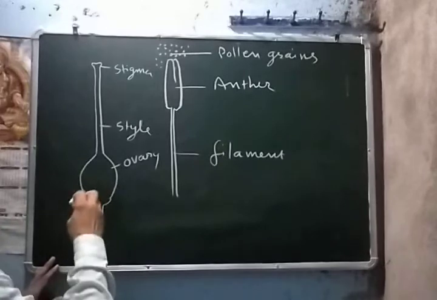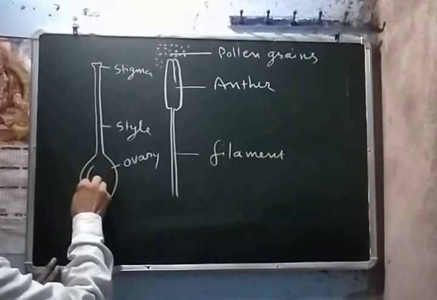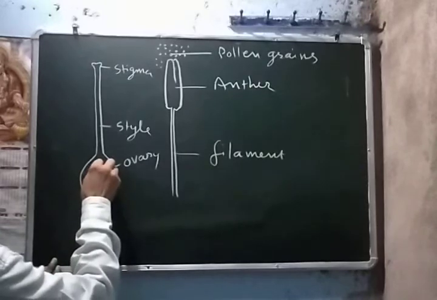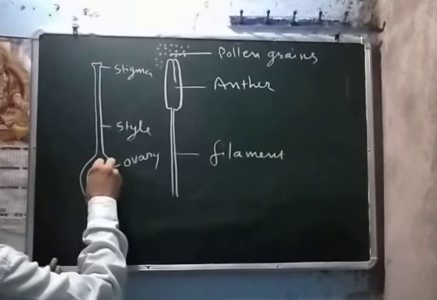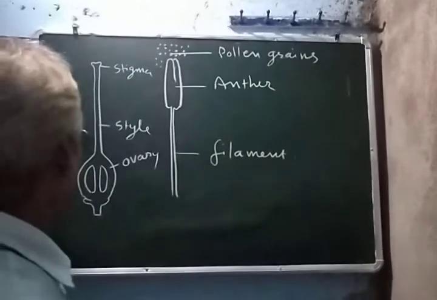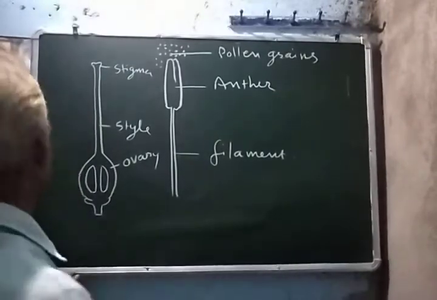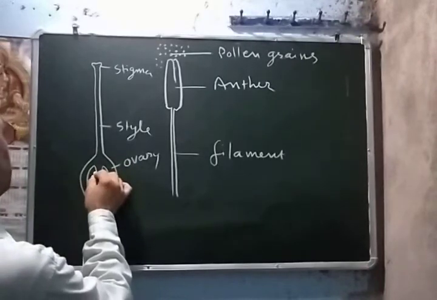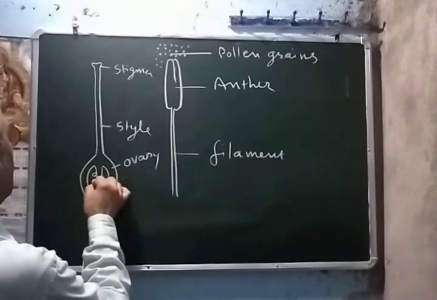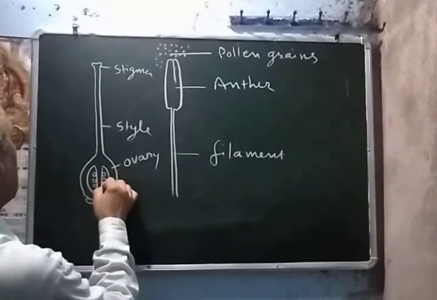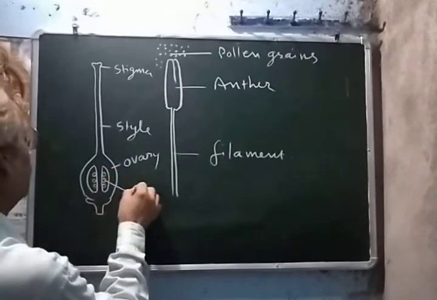In this ovary, a small chamber or a small locule is found, which is called carpel, in which some oval or round structures called ovules are produced.